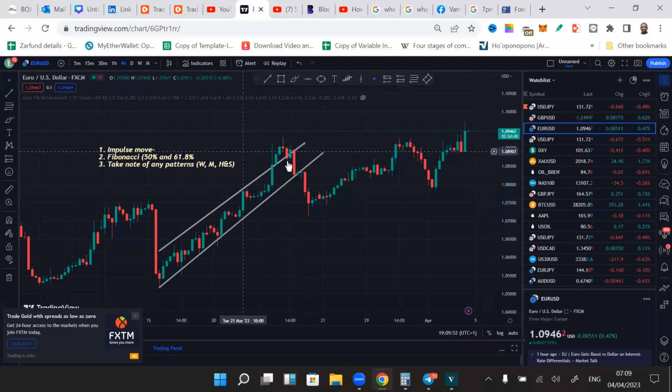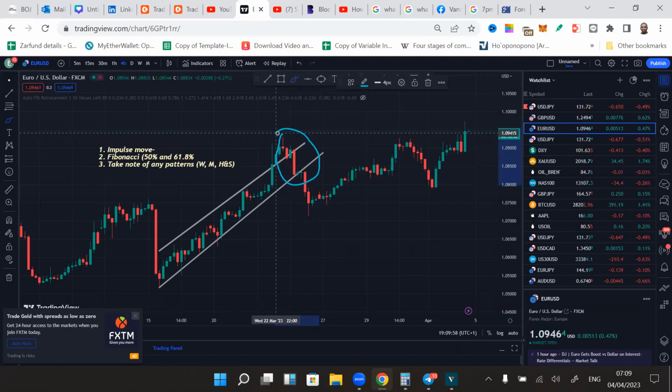This is where the change starts to happen. Before then, it stayed under the trend line, just kept going up, up, up. This is EUR/USD, guys. It just kept going up until a change in direction happens.